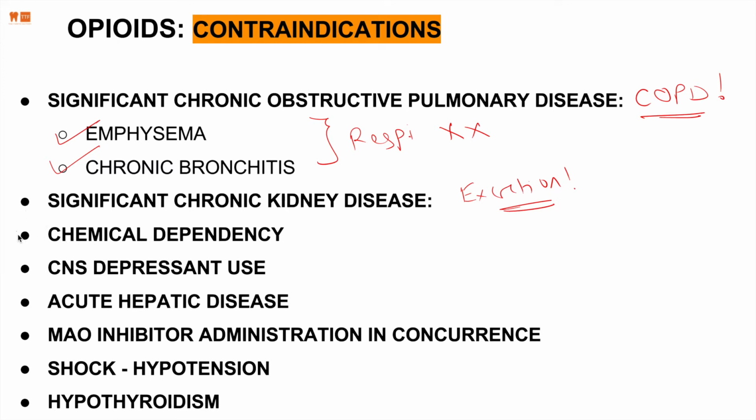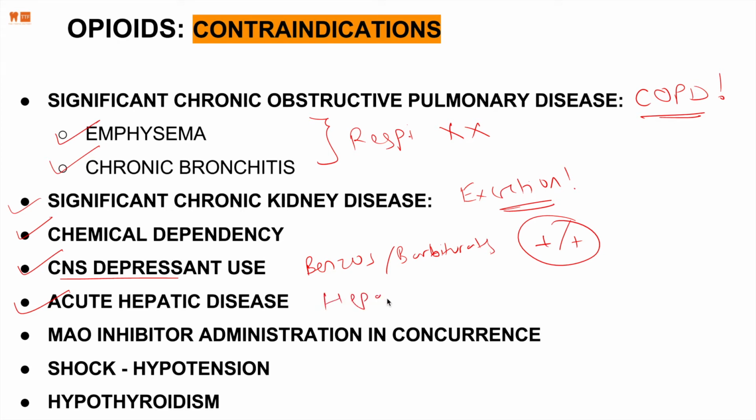When a person has CNS depressant use, so if you're taking benzos or barbiturates, for example, we should not club them with opioids because they will just have a synergistic effect of CNS depression. Acute hepatic disease. Remember in that motion picture earlier we saw that in the liver it causes hepatitis? Well, if you already have acute hepatic disease, why take opioids?